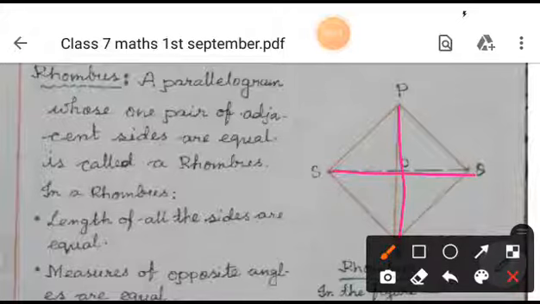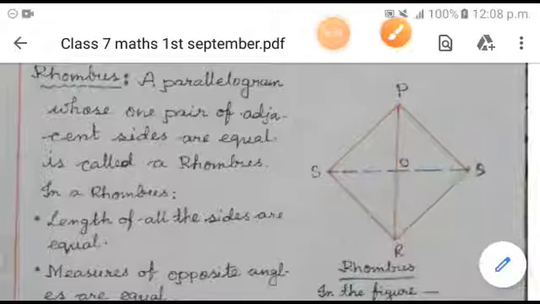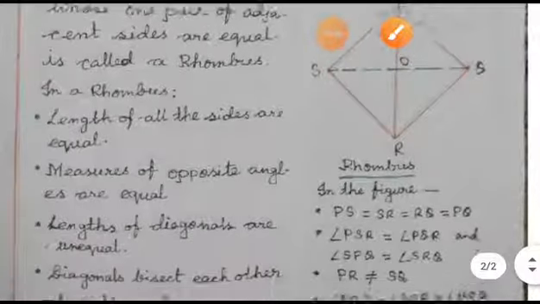These are the two diagonals which are intersecting each other at point O. So here also the diagonals are bisecting each other, but the diagonals are not of equal lengths, they are of unequal length.